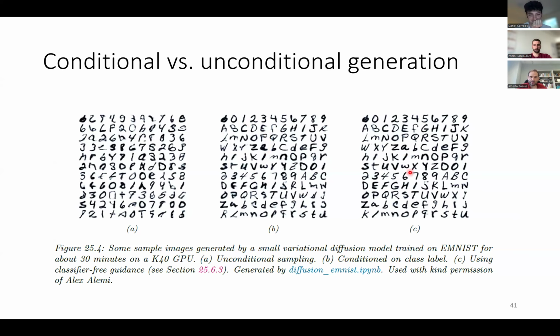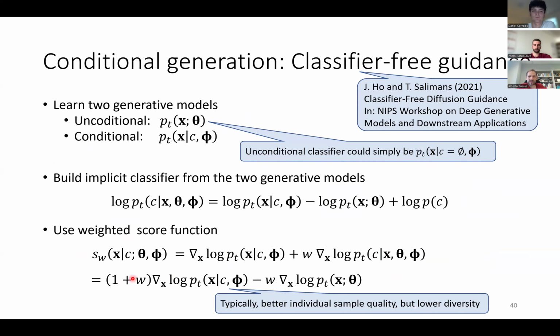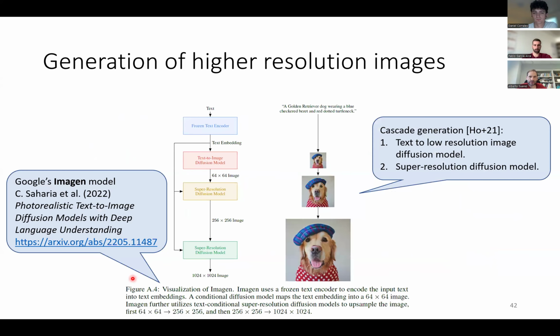And this is classifier-free guidance, which also gives you good quality. So you can have unconditional, conditioned on the class, and then some implicit conditioning, which uses the strategy described in this slide.